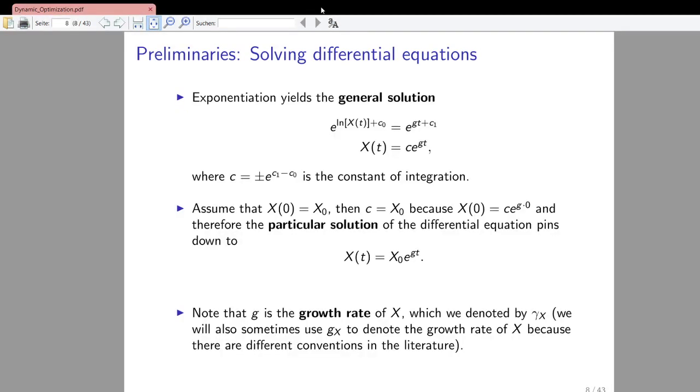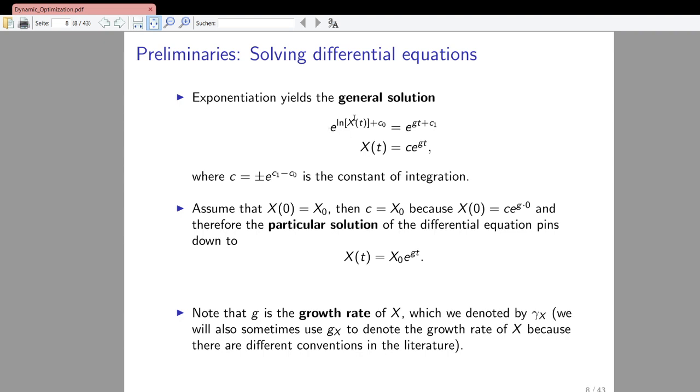Now what we still don't like on the left-hand side is that the logarithm shows up, and we want to get rid of the logarithm to have a better expression. So we exponentiate the whole result from the previous slide. And exponentiating means we have e to the power of the logarithm of x(t) plus the integration constant on the left-hand side, and we have e to the power of gt plus the integration constant on the right-hand side.